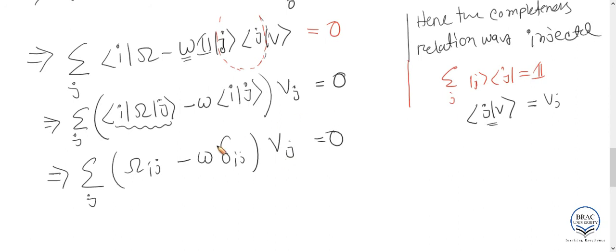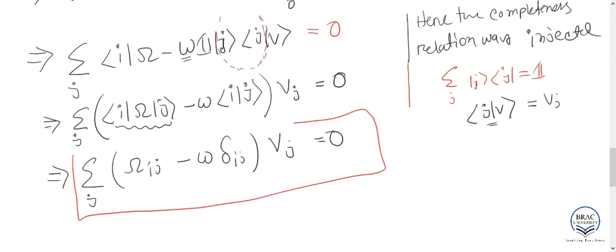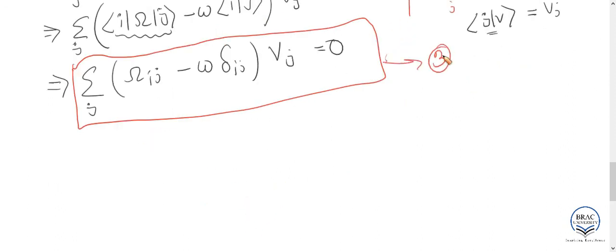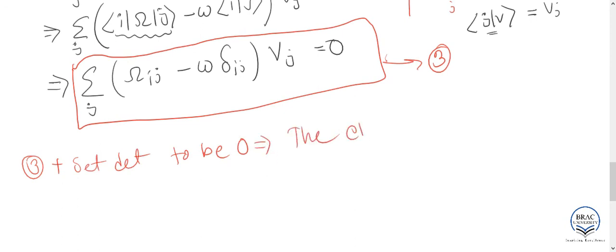And when you set the determinant of this whole thing to be 0, this will give you the characteristic equation. And so this is another important part. So let's call it our equation 3. If you take 3 and then set the determinant to be 0, you get the characteristic equation.